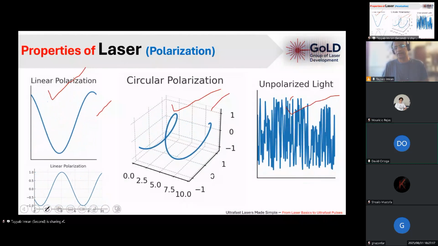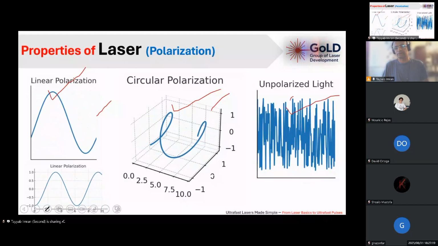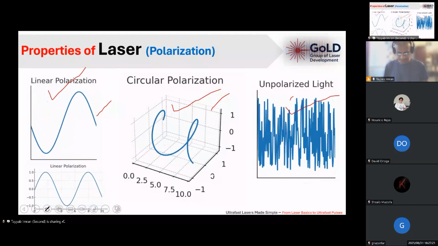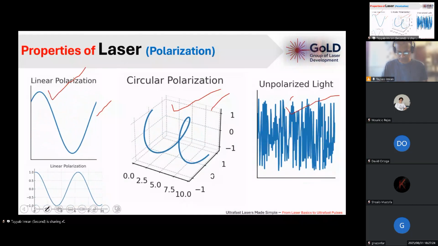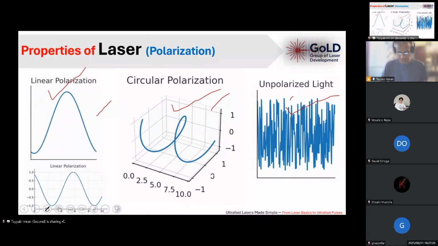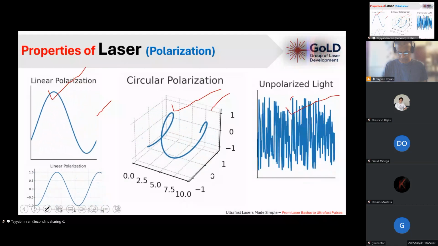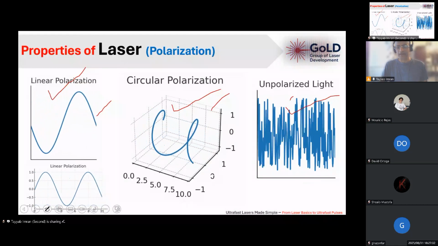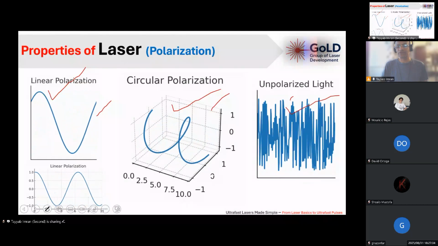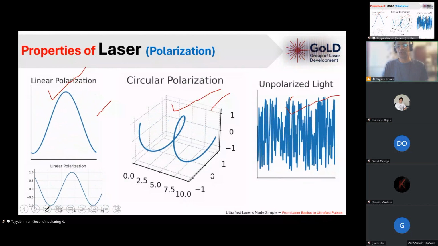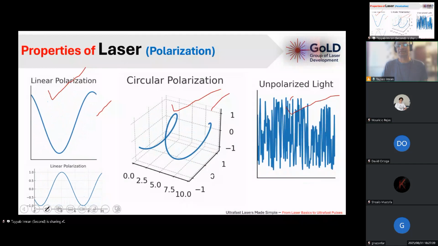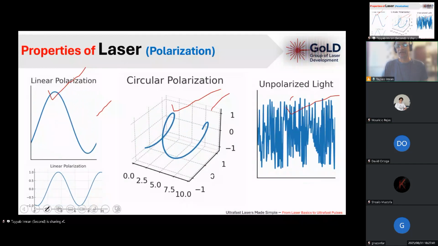Sir, thank you. The same question was coming to my mind, how is it possible? I've heard of circular polarization for the first time in studies of lasers. I'm not talking about lasers here. Here I'm telling you what polarization is.